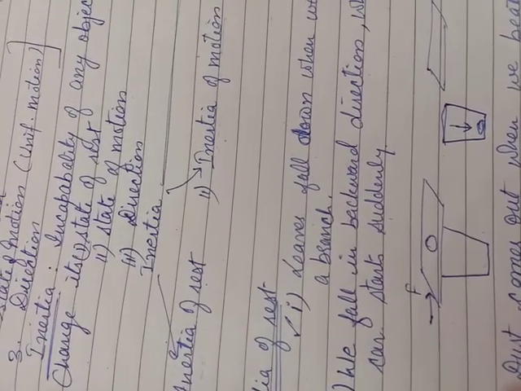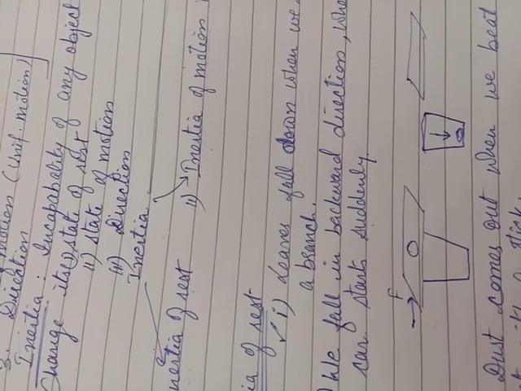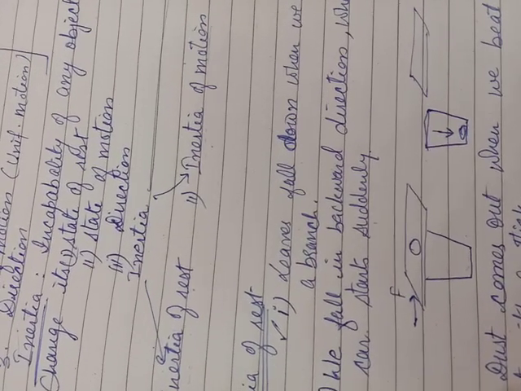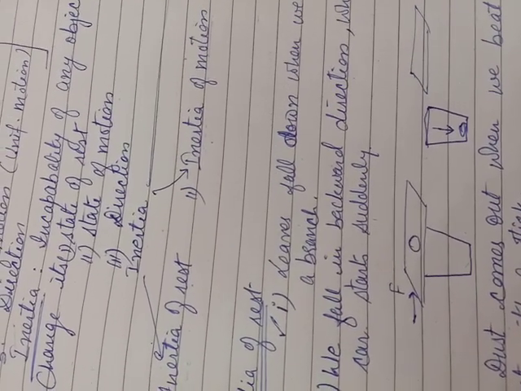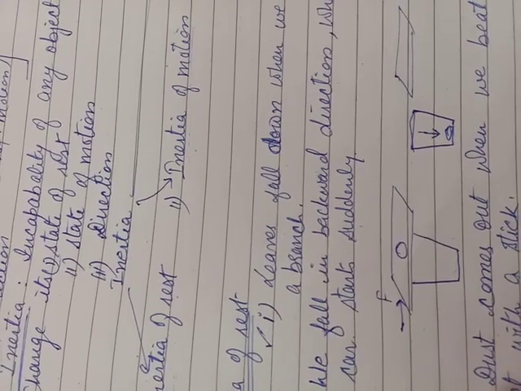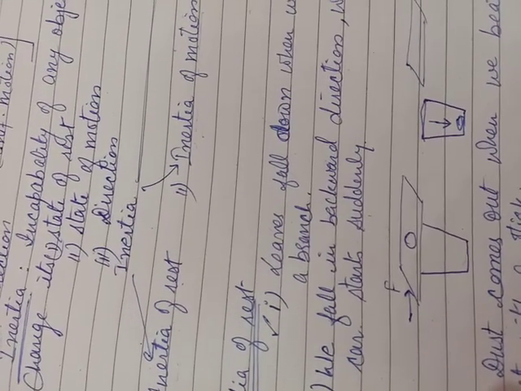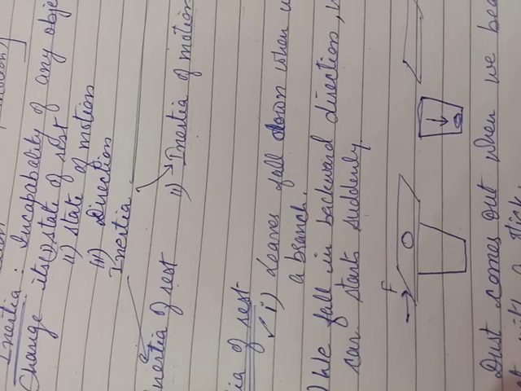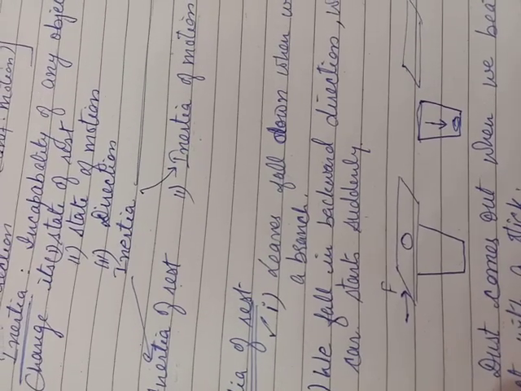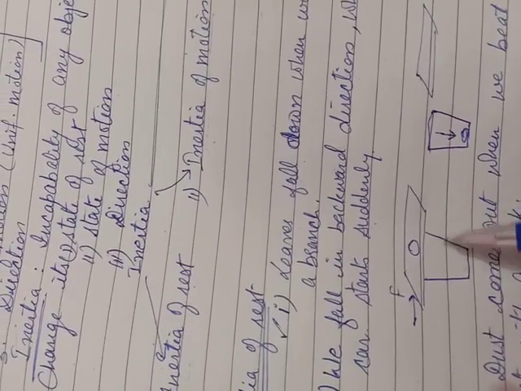It happens because our whole body is initially in the state of rest, so it continues to be at rest while the car moves due to the force of the engine. The car, along with the lower part of the body, moves forward while the upper part of the body remains at its position, and we tend to fall in the backward direction.